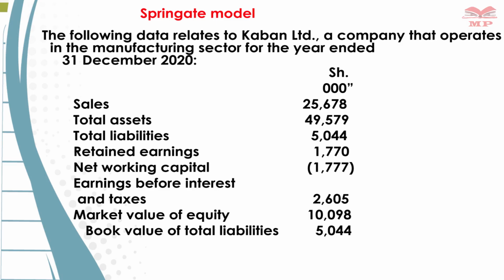The following data relates to Kaban Limited, a company that operates in the manufacturing sector for the year ended 31st December 2020. So we are given the values for sales, total liabilities, retained earnings, net working capital, earnings before interest and taxes, market value of equity, the book value of total liabilities.